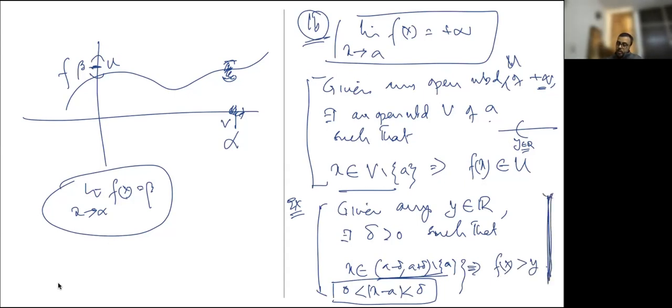So this would be slightly more practical, in the sense that when you are trying to verify things, this would be more useful. So from this form, it is good to write down this equivalent form first. So this would be the definition of this statement, that the limit of f(x) as x goes to a is plus infinity.